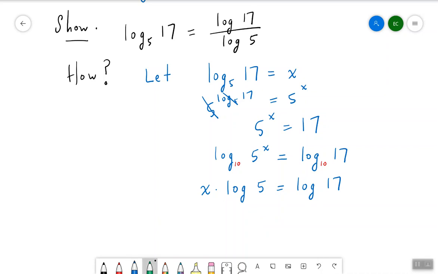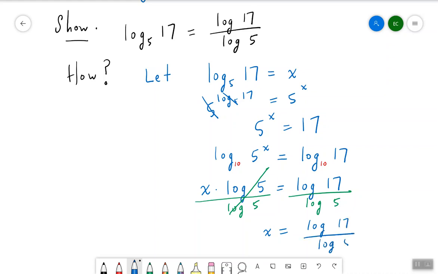So now I'm going to divide both sides by the log of 5. And the log of 5 in the numerator and denominator cancel on the left side, and we're just left with log of 17 over log of 5. And that's exactly what we were trying to get to.